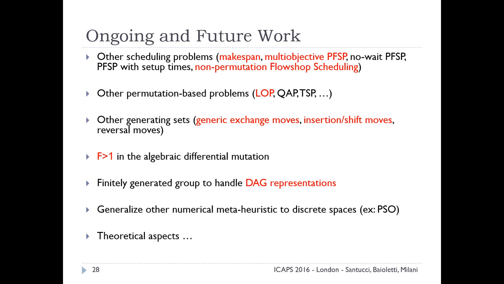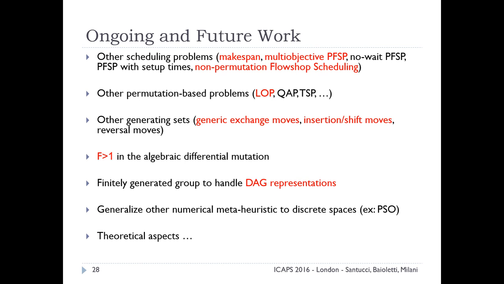We have applied it also to multi-objective permutation flowshop, and we are now trying to apply it to the non-permutation flowshop problem, that is, to release the constraint of job passing. So you have a different permutation on every machine.